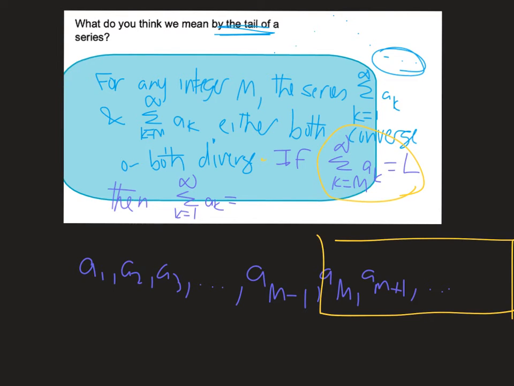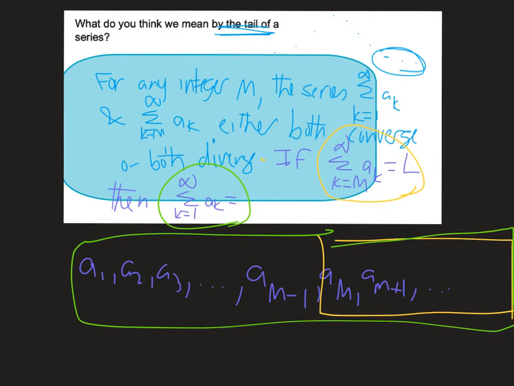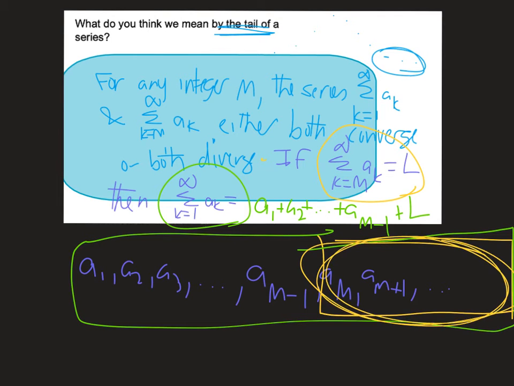Well, this part says, I want all of these added up. So doesn't that mean this will just be a1 plus a2 up to a_(m-1) and then plus L, because this stuff over here, if I sum it, that gives me L.